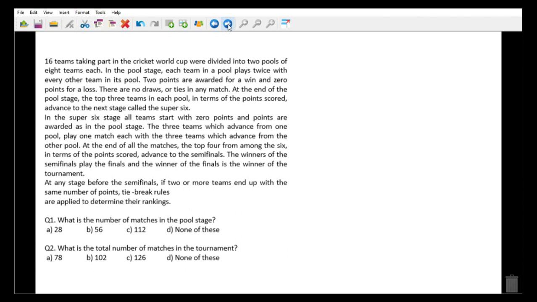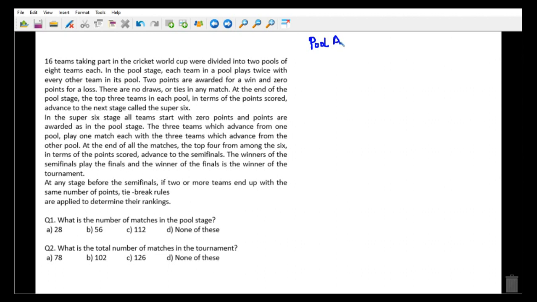Now see, as you would remember from my previous video, in a round robin tournament you have a pool stage, then you have some other stage, so you would be having multiple stages. Okay, so semi-finals, finals, you may have some stage in the middle.